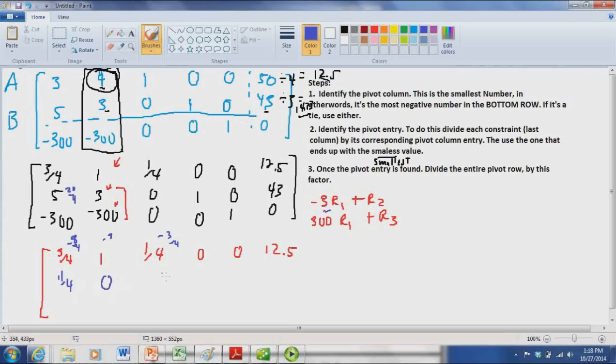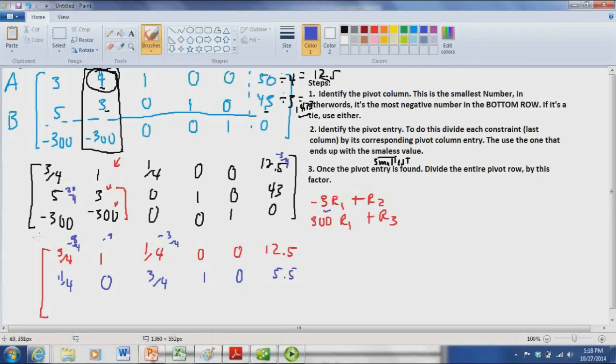This is going to be a 0. -3/4 and 0 is still a 1. And then -3/4 times 12.5 added to 43. You guys grab your calculator. I did it ahead of time and I got 5.5.